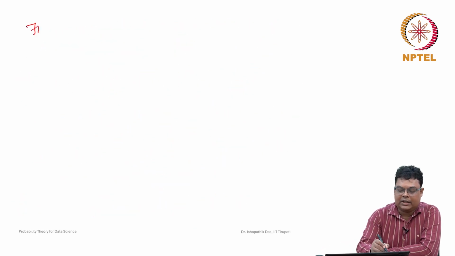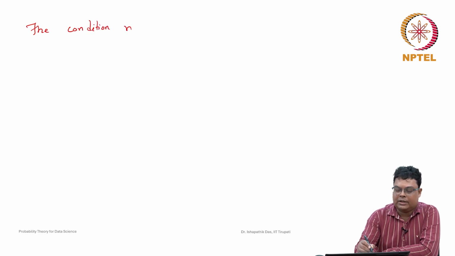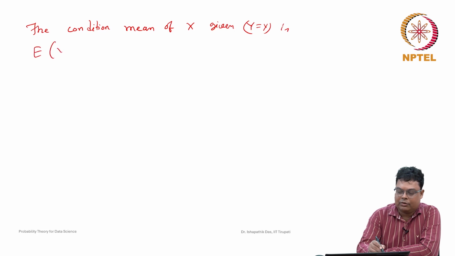So the conditional mean of x given y is equal to y is, by definition, expected value of x given y, so this is mu of x given y.